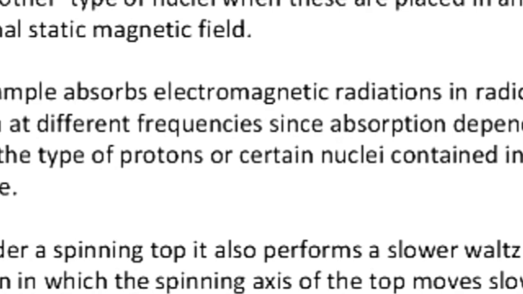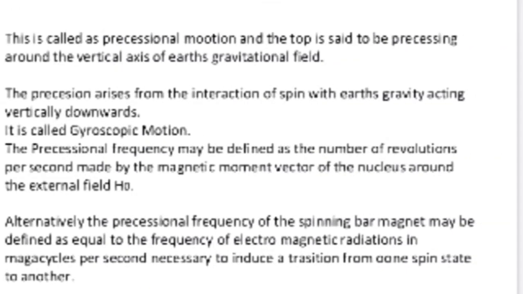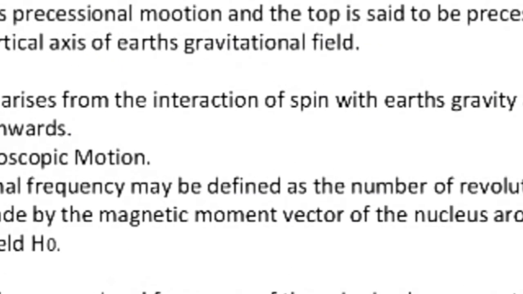It also performs a slower waltz-like motion in which the spinning axis of the top moves slowly around the vertical. Here the radiation has to be electromagnetic radiation in radio wave region.